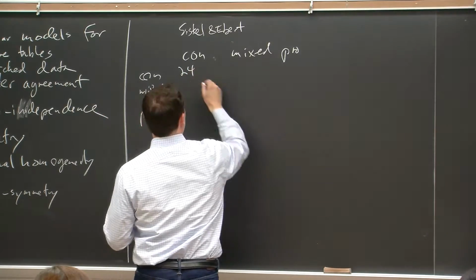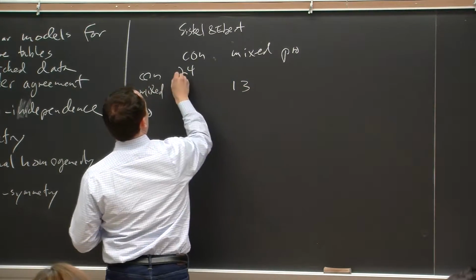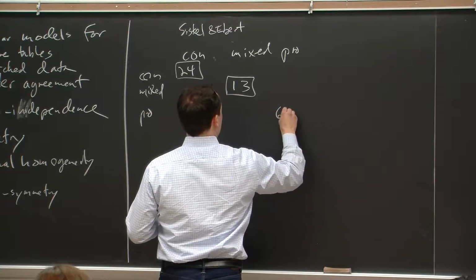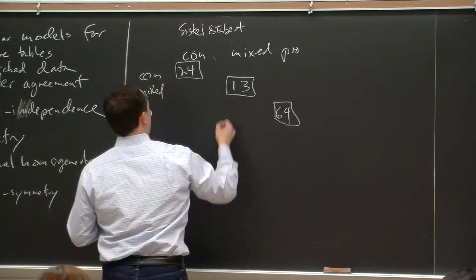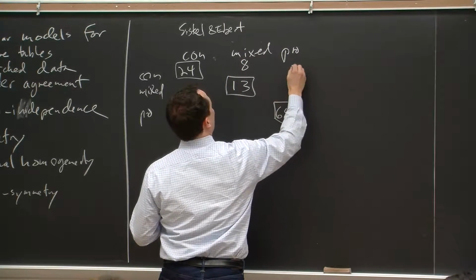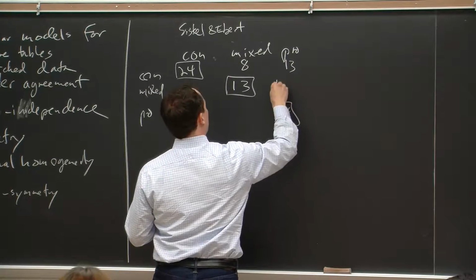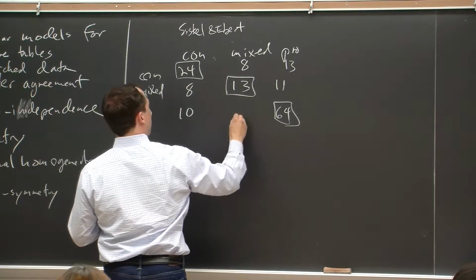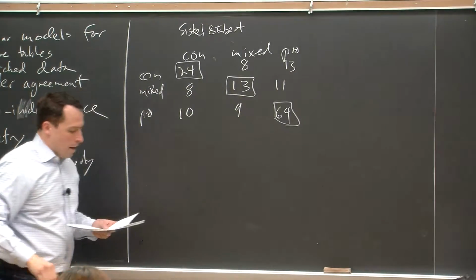We have a table. I'm going to write the main diagonal first, 24, 13, 64. And then the off diagonals, 13, 11, 8, 10, 9.